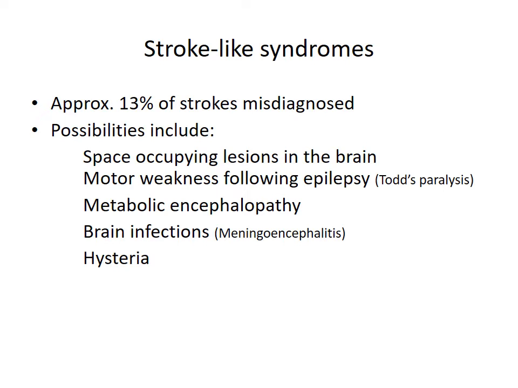And lastly, you can think of hysteria, what they call conversion disorder. Individuals don't have organic disease, but they mimic a condition, maybe because they want to get attention or for secondary gain. And so we need to be aware of this. Overall, about 1 in 7 stroke cases may be misdiagnosed, and so we must bear this in mind.